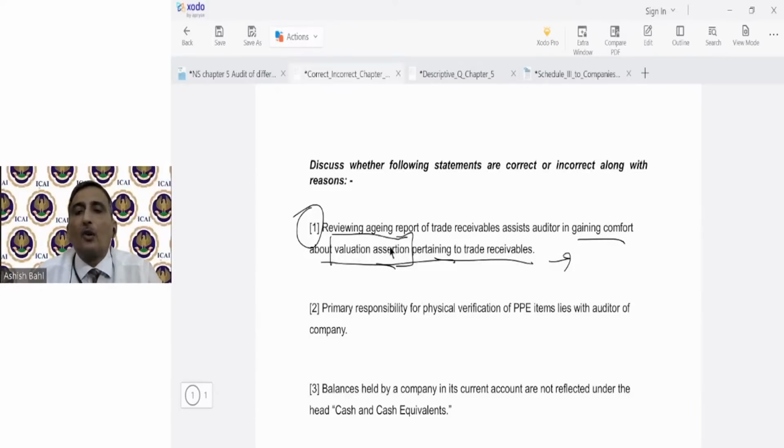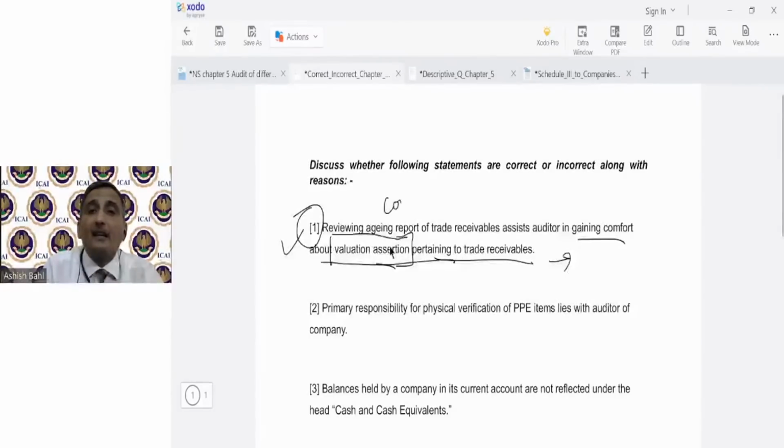Reviewing aging report of trade receivables assists auditor in gaining comfort about valuation assertion as pertaining to trade receivables. Is this correct or not? Yes, all of you have given the right answer.